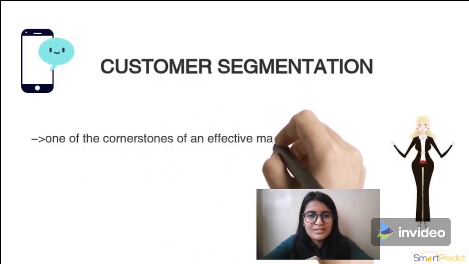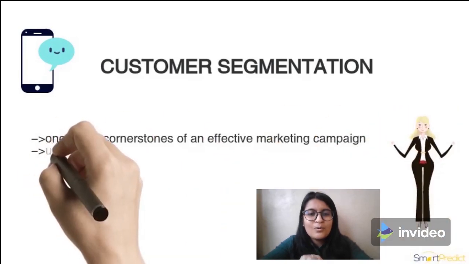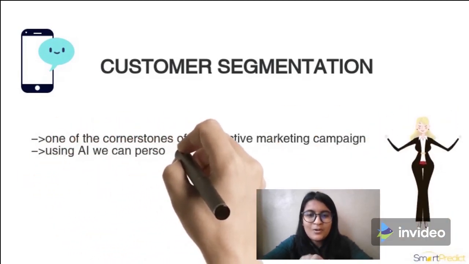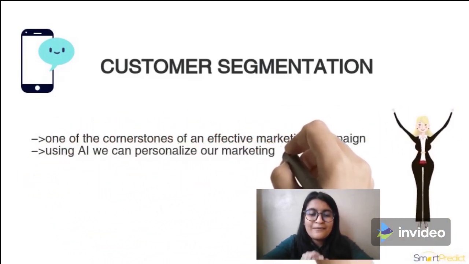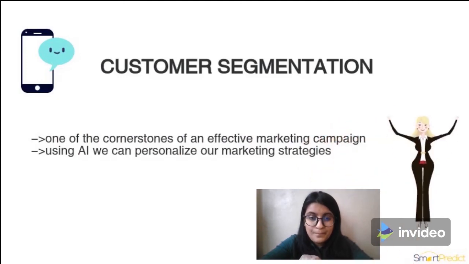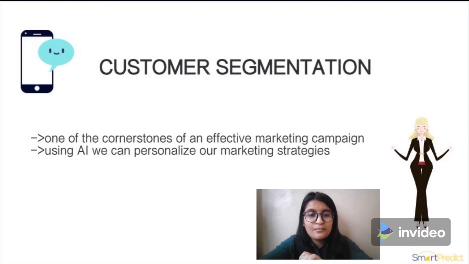Customer segmentation is one of the core cornerstones of an effective marketing campaign. Using artificial intelligence, we can personalize our marketing strategies. Marketing messages will be more relevant to the individual reading them.